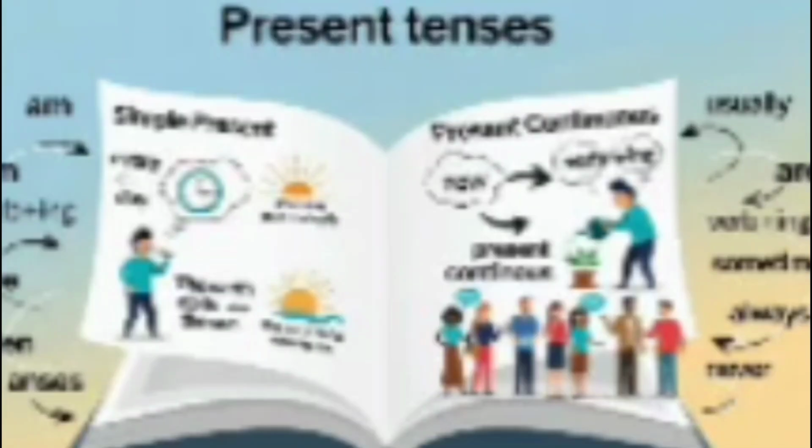There are three main tenses in the English language, or in general, we use three main types of tenses for every language: present, past, and future. Then in English, there are four main types of each tense.